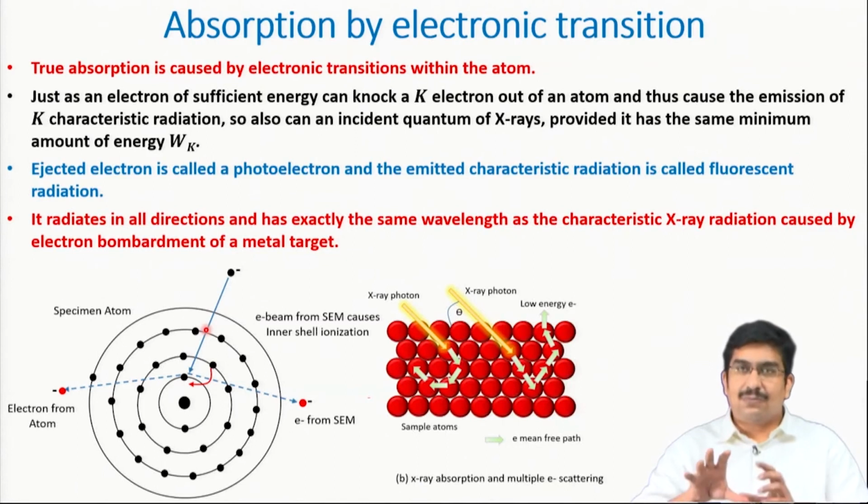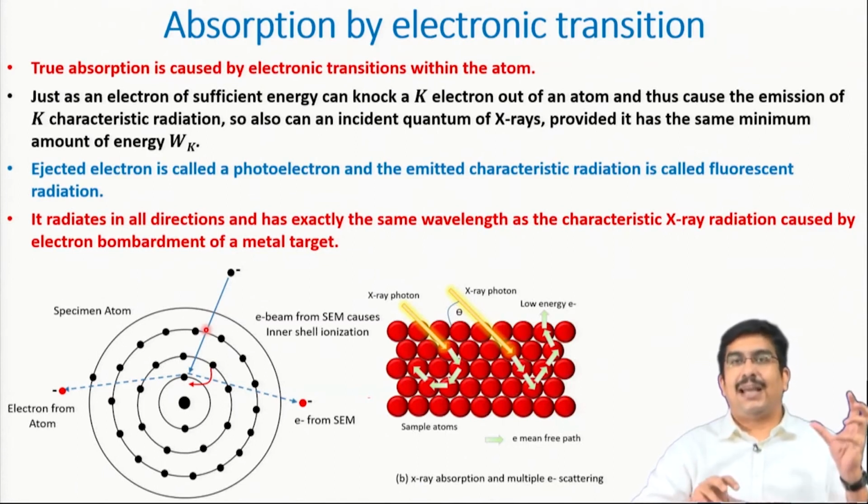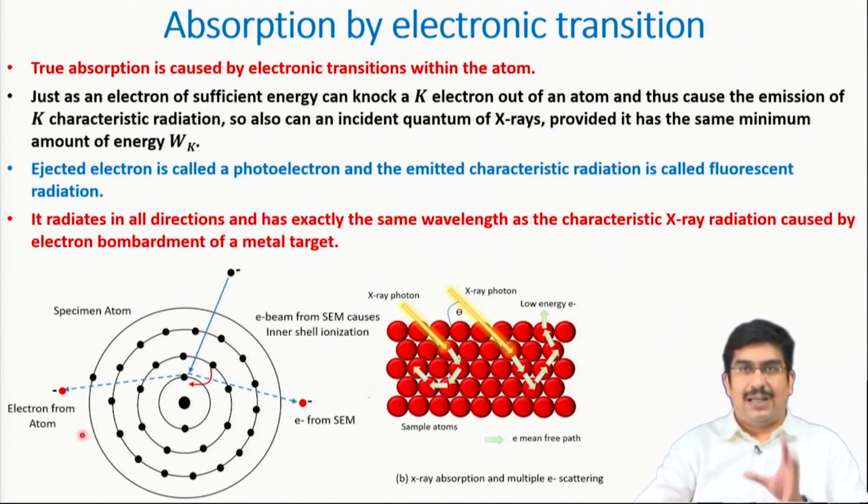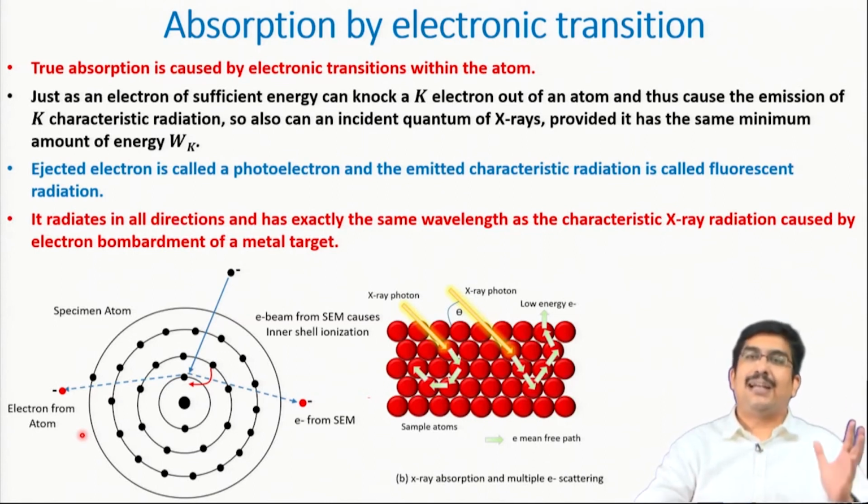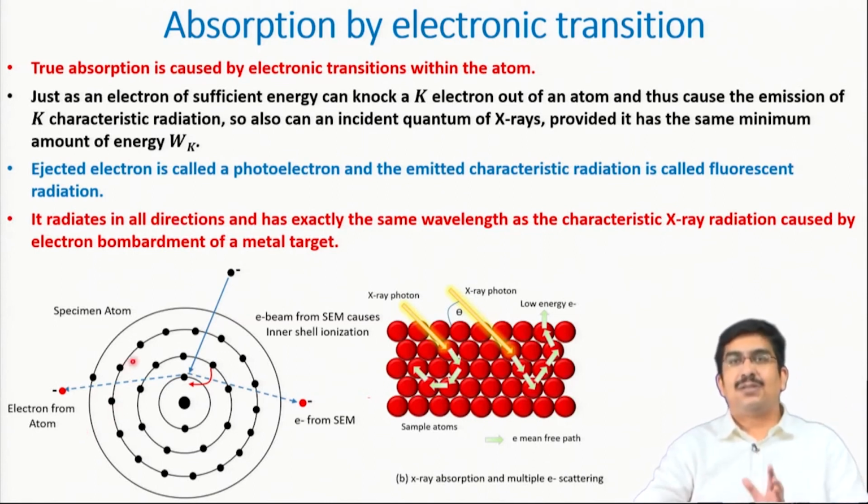In this process, basically what happens is that the X-ray photon comes, similar to the incident electron. Here it is an incident X-ray that knocks out a K electron from the K shell and creates a K shell vacancy, and in order to fill that, we have an electronic transition from another shell, the electron jumps back and it causes a characteristic radiation.